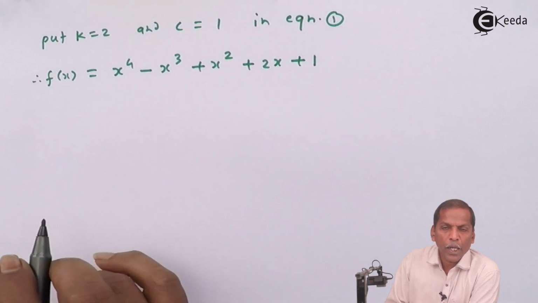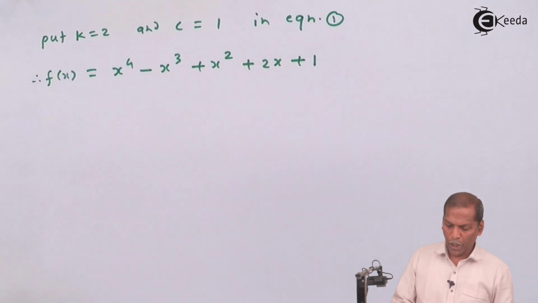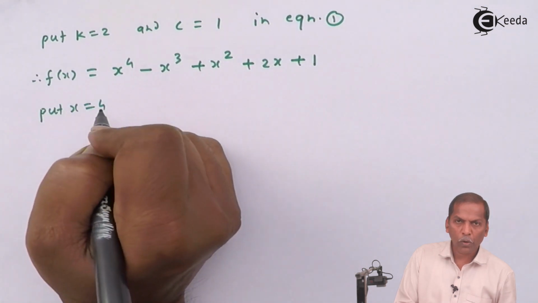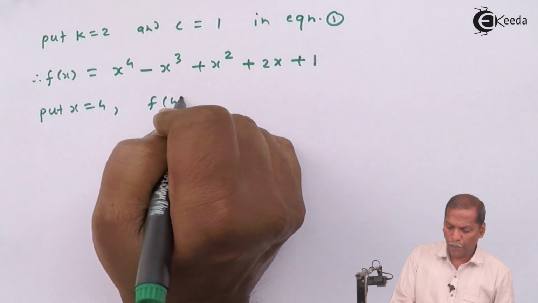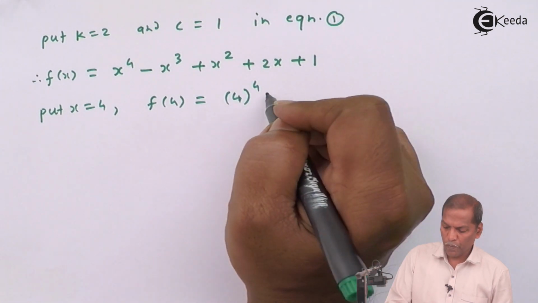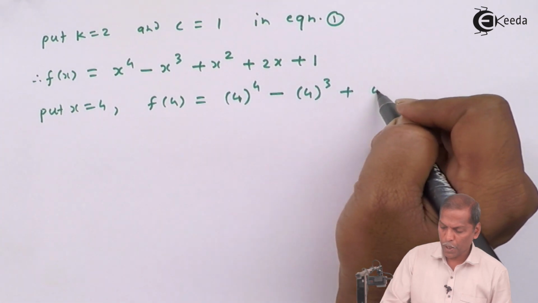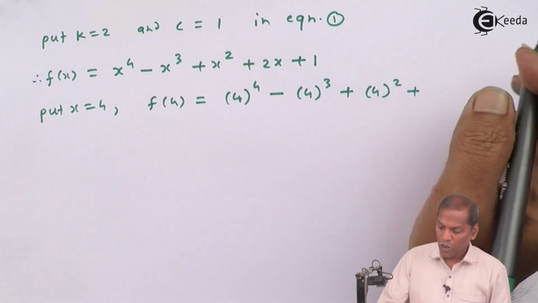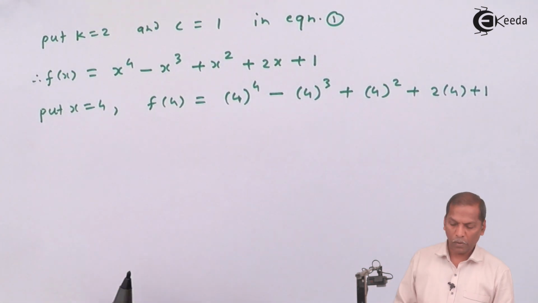Now here in this question we have to find f of 4. It means again put x equal to 4 in above equation, we get f of 4 is equal to 4 raised 4 minus 4 cube plus 4 square plus 2 into 4 plus 1.